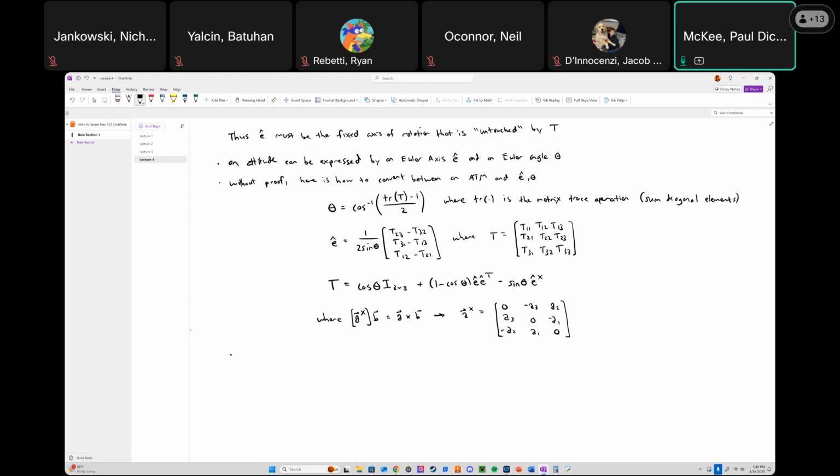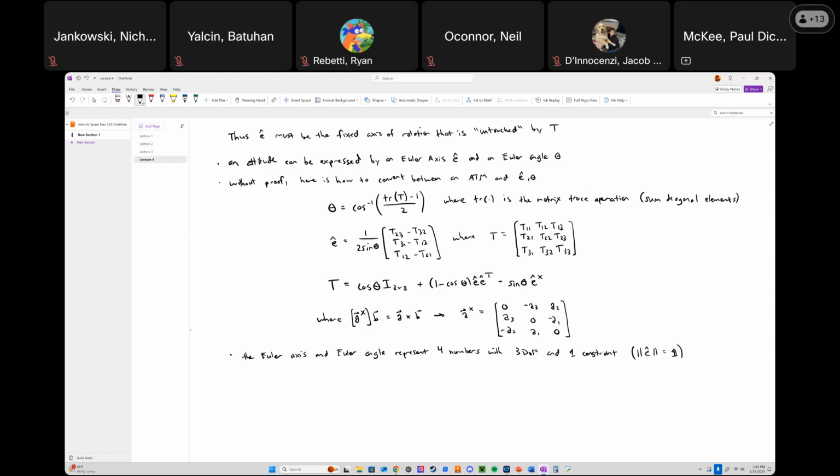So the Euler axis and Euler angle represent four numbers with 3 degrees of freedom and 1 constraint, right? We know that E is a unit vector.